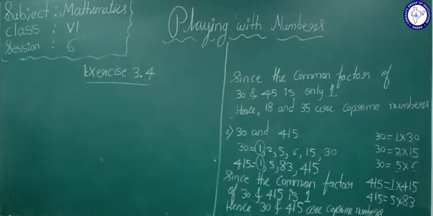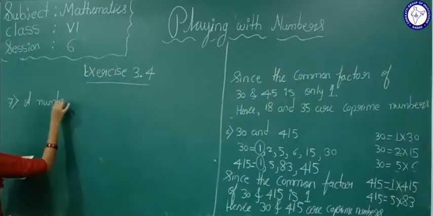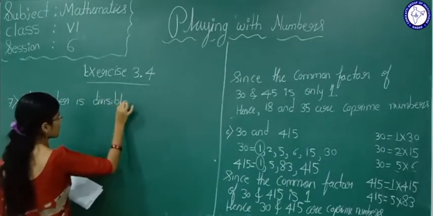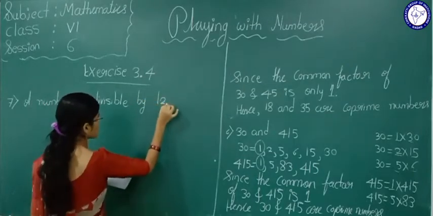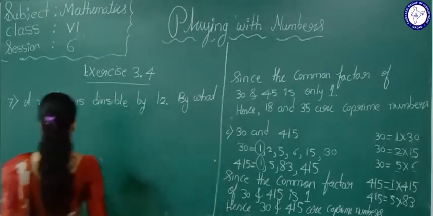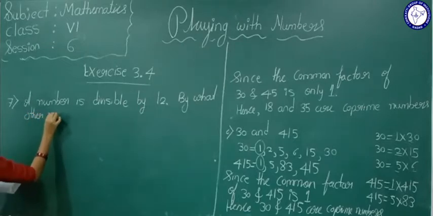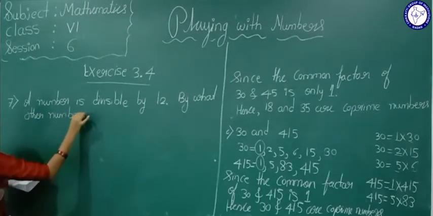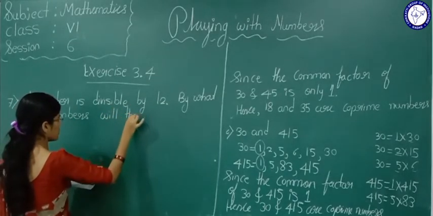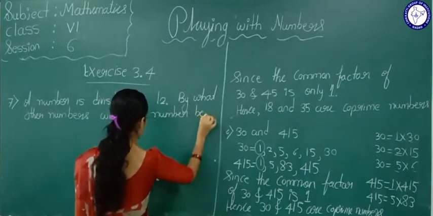Now say 7th main: a number is divisible by 12. By what other numbers will that number be divisible?